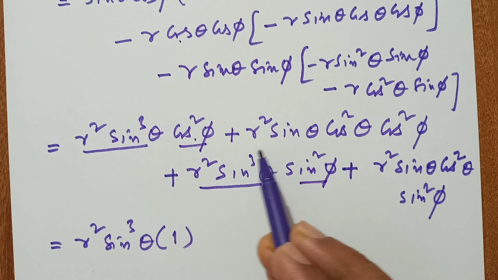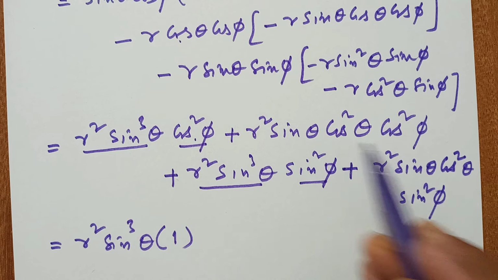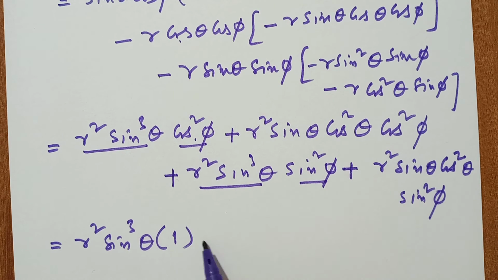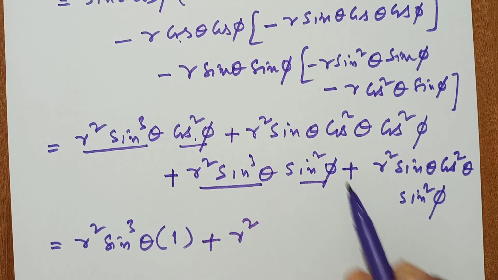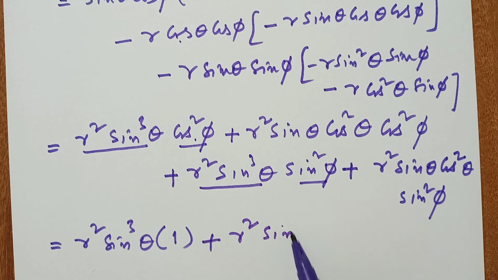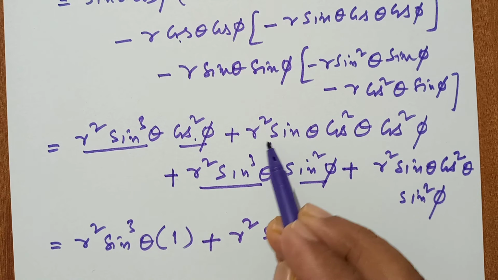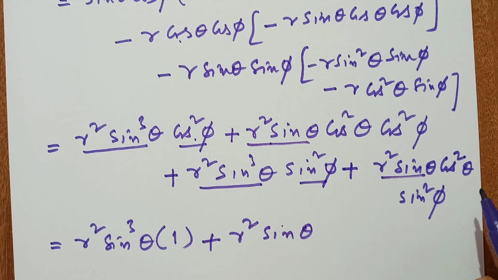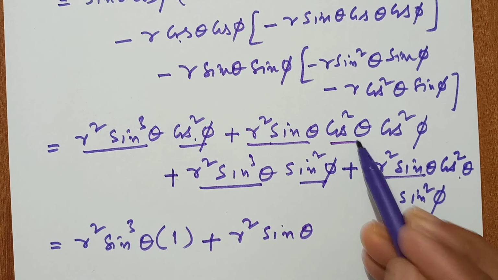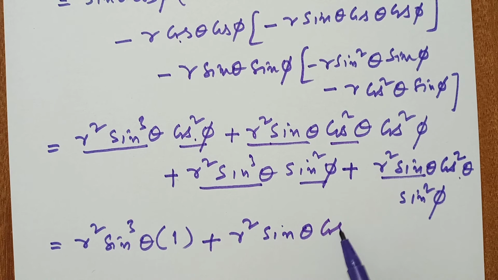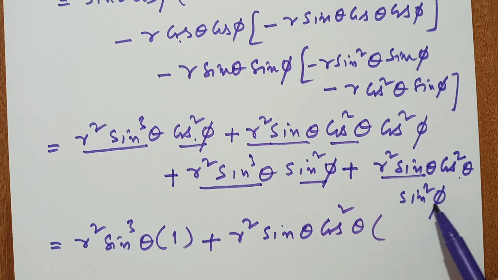Now here r square sine theta cos square theta is also common, and sine square phi plus cos square phi is 1.